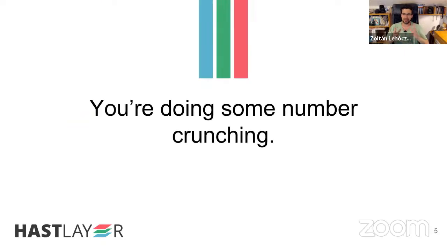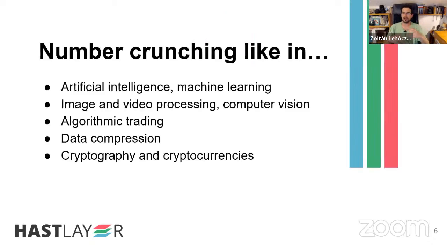Let's suppose that you are working on an application or in a field where you are doing some number crunching. And by number crunching, I mean some high performance computations in the areas of, for example, AI or machine learning, including the now quite fashionable large language models.